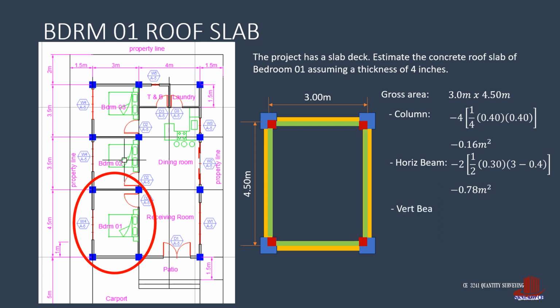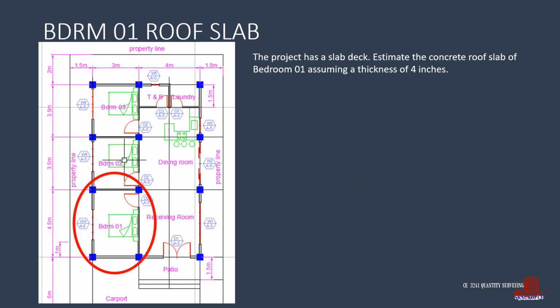Take out twice of half of 0.3 times the length of 4.5 minus the column width, which gives 1.23 square meters. The clear area for the slab is then computed as 3 by 4.5 minus 0.16 less 0.78 minus 1.23 square meters, resulting to 11.33 square meters.